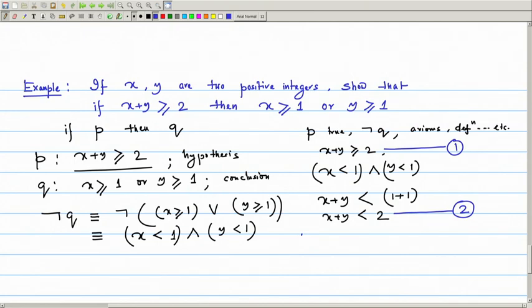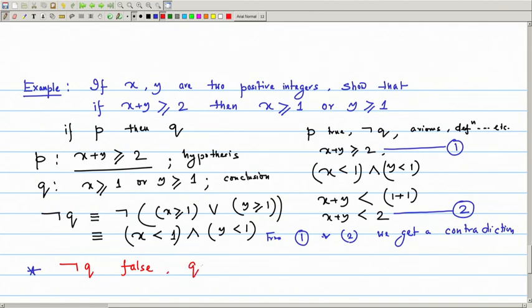From 1 and 2 we get a contradiction. So, that means what we assumed, that negation Q is true, is false.